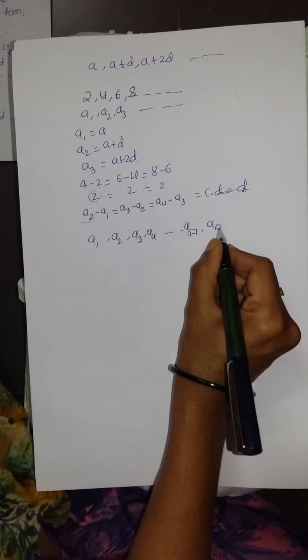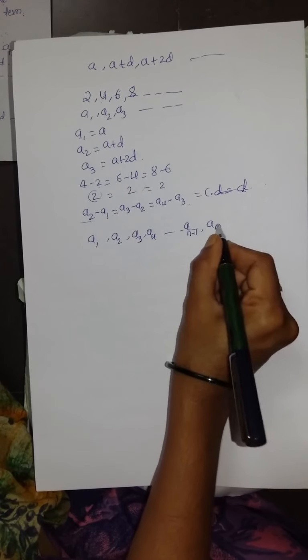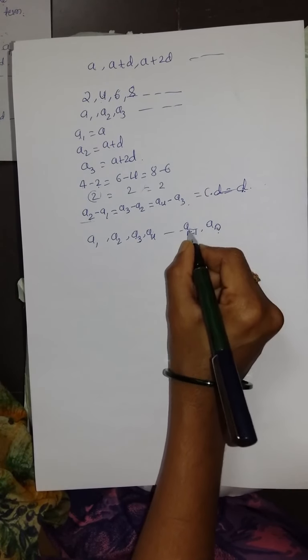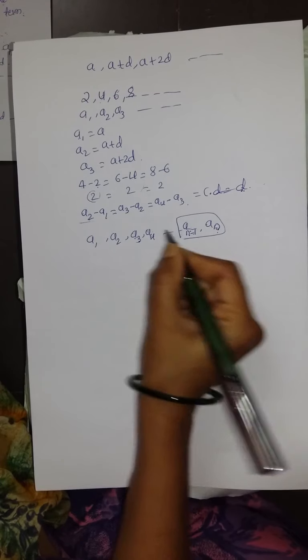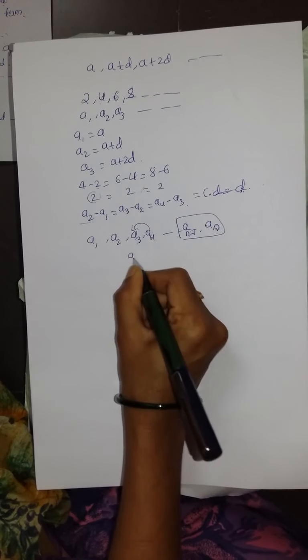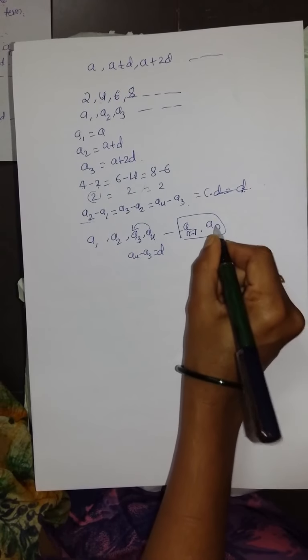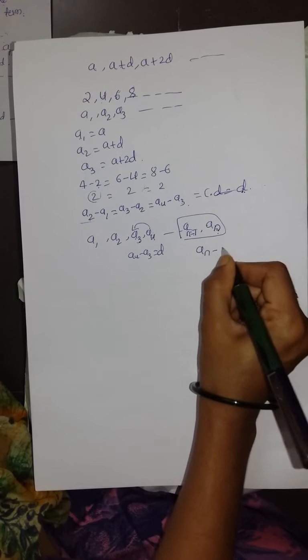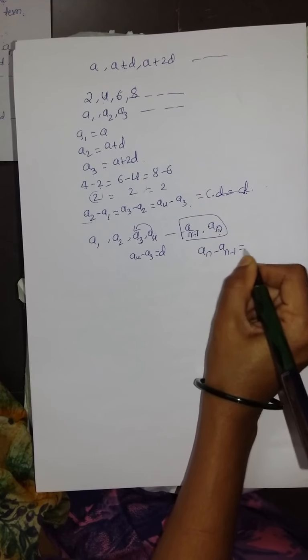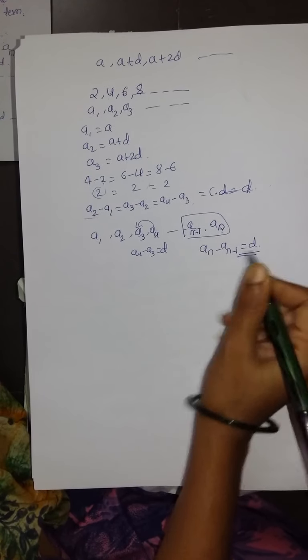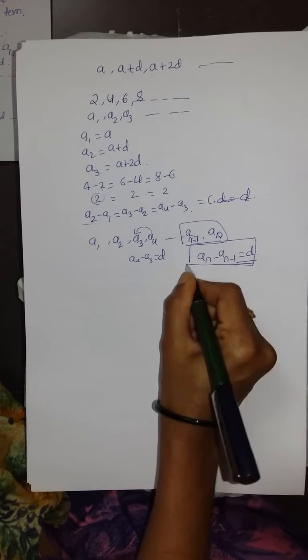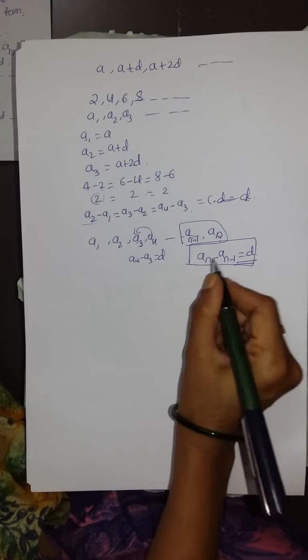So if n is the nth term, then n minus 1 is the preceding term. The difference between these two, just as A4 minus A3 is the common difference, similarly An minus An minus 1 is the common difference d. So this is one more formula we need to learn in this lesson.